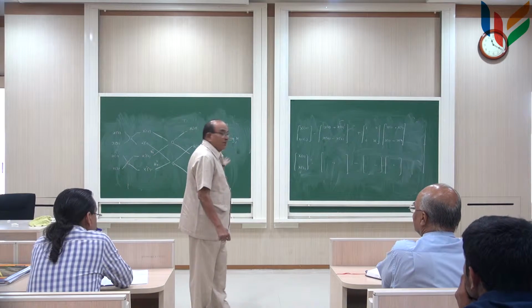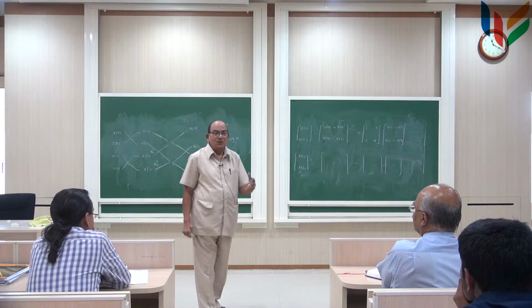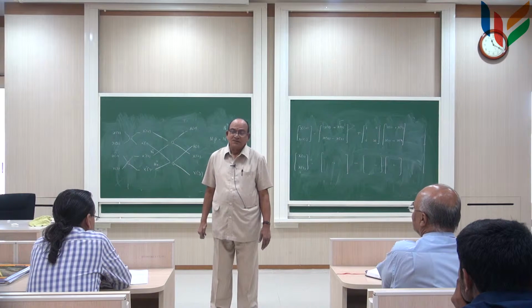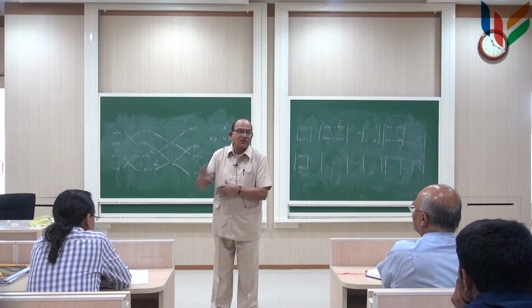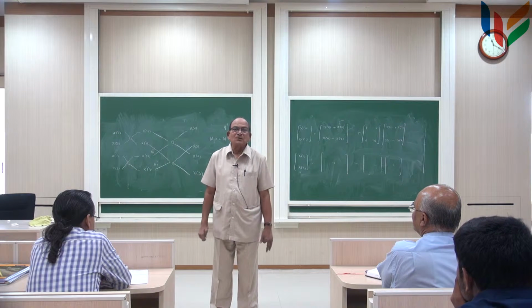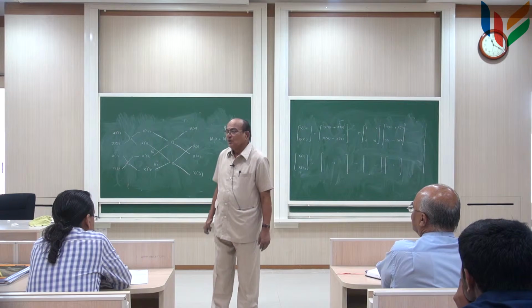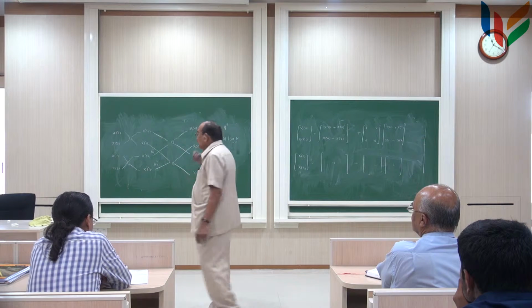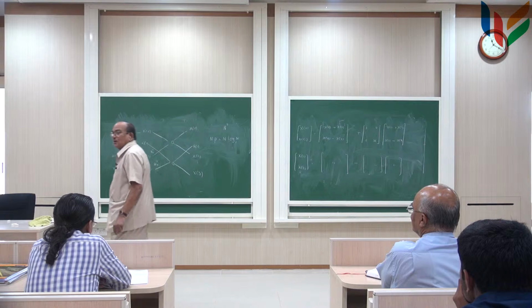So 14 into 10,000 is 140,000 versus 10 to the power of 8. That is the kind of reduction in the number of computations you get if the number of samples grows larger and larger. And this is the beauty of the Cooley-Tukey algorithm.